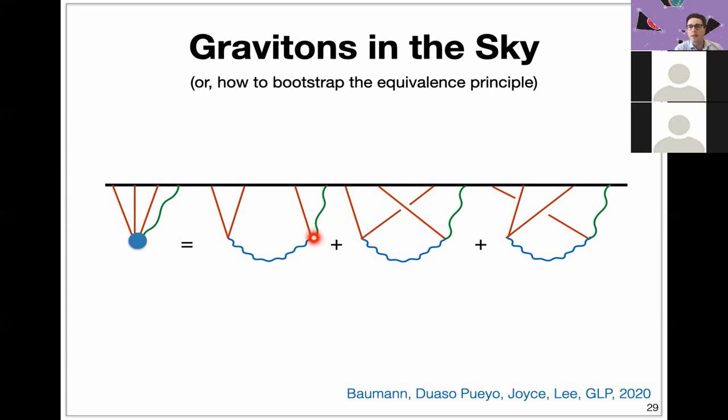And the only way to cure this problem is to force the graviton to couple to all the other particles. So this is what these 2 other diagrams are doing. But not just that, it has to couple to the other particles with the right strength, the same strength. So that's how you discover the equivalence principle. And not just that, you actually compute the non-Gaussianity. So this is what we did last year.